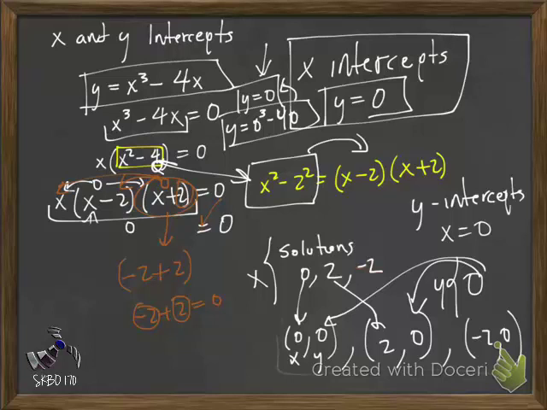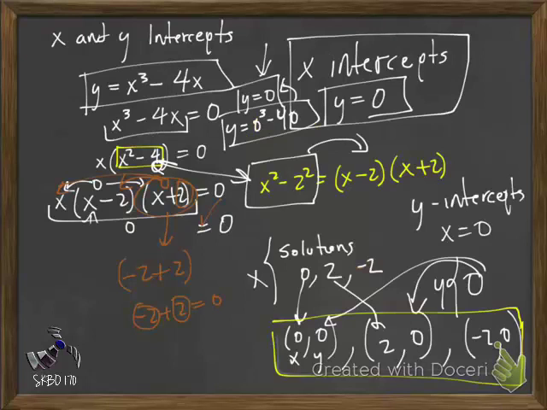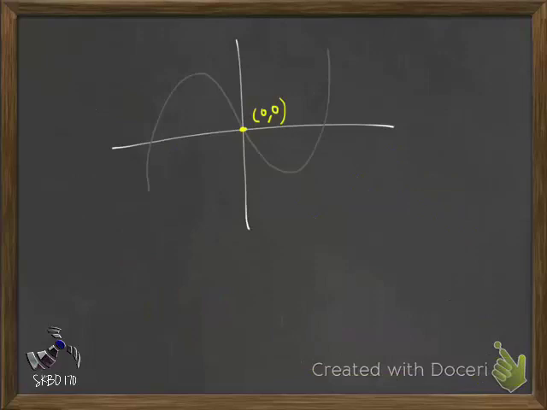These points: this is (0, 0), so we already have this one. Now we need to graph (2, 0) and (minus 2, 0). So (minus 2, 0) will roughly be here, and (2, 0) here. And okay, that's it.